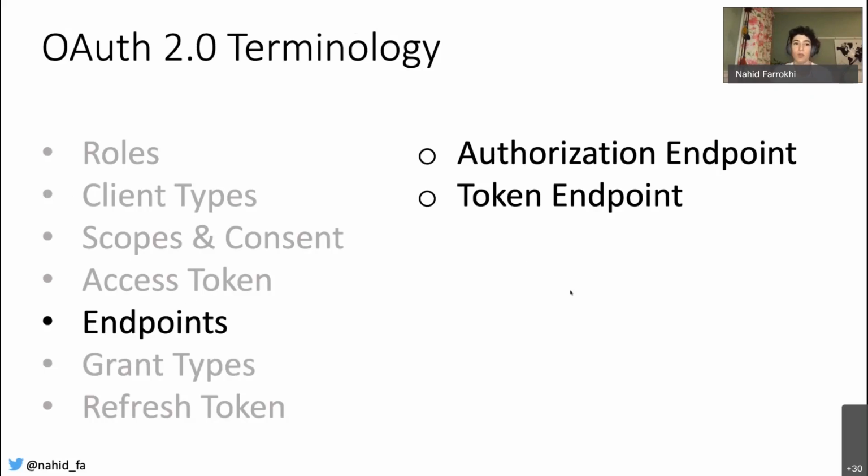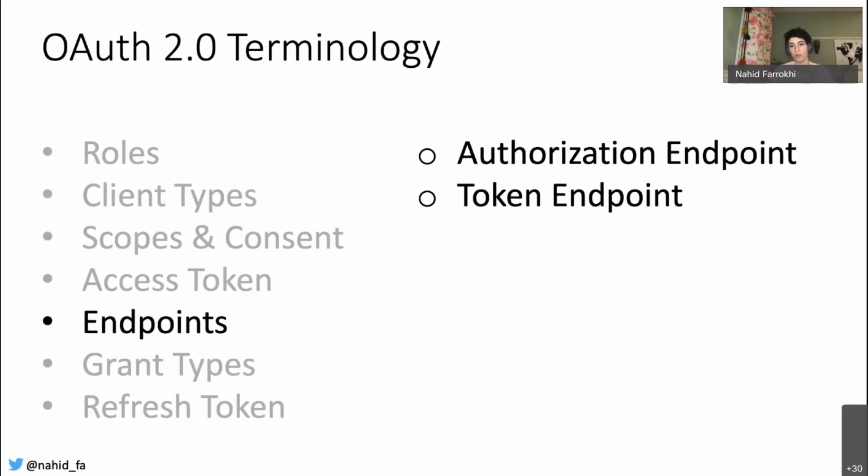The next concept to go through is the endpoints in OAuth 2. We have multiple endpoints, but 2 of the main ones that we're going to discuss here are the authorization endpoint and the token endpoint. The authorization endpoint, which is the first one, is used to interact with the resource owner and obtain the authorization grant.